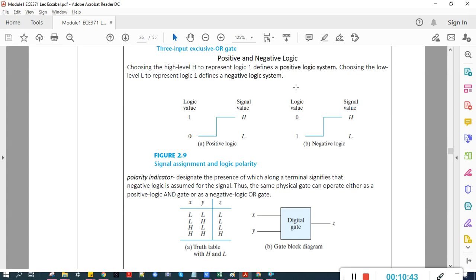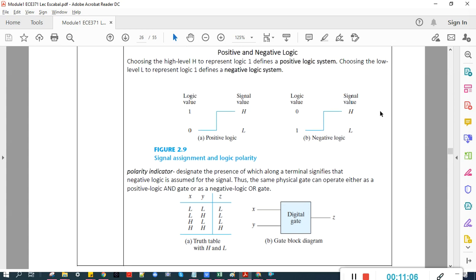Active low signal. I have already seen so many examples where the logic used for the enable signal is the negative logic system. And it's called active low.